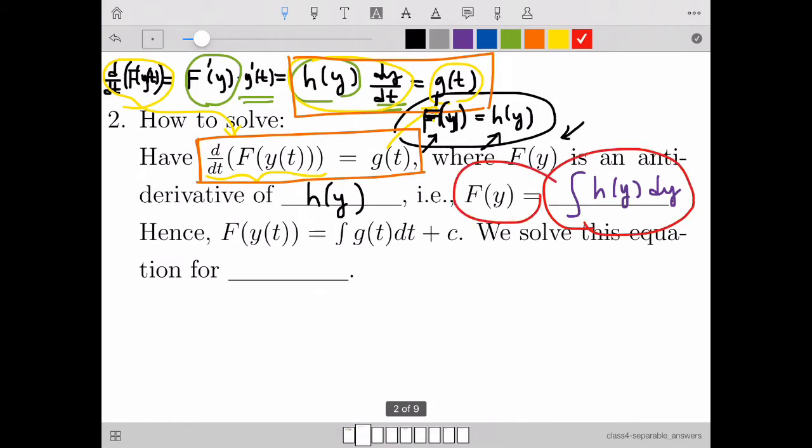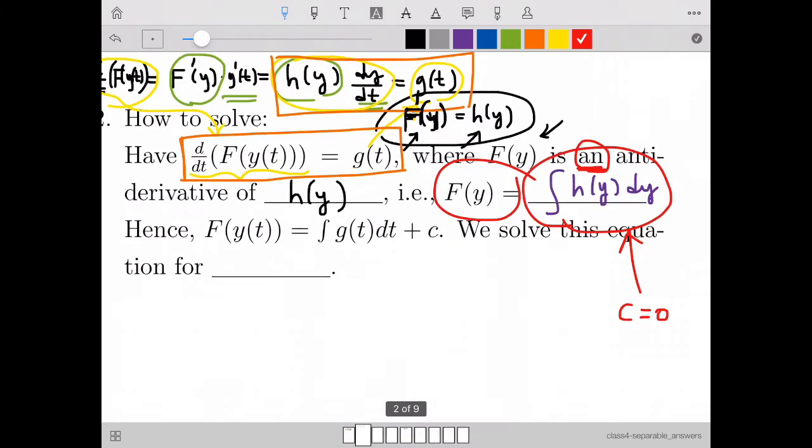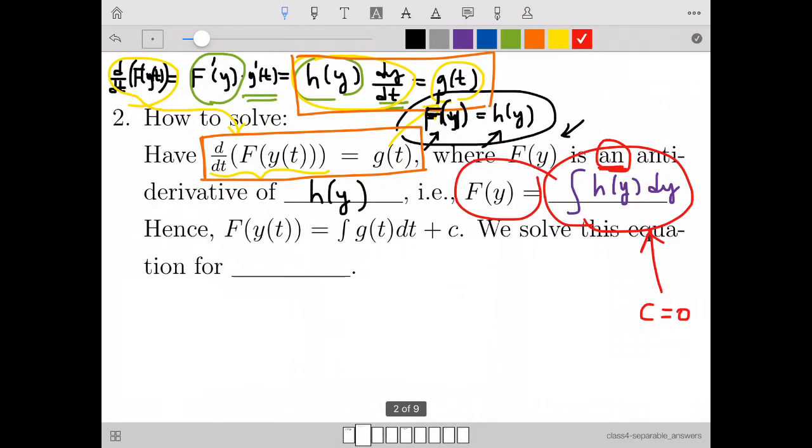That's big F. Okay. So when we do that, we will get various constants, but since I want one antiderivative, I can take the constant c to be 0.